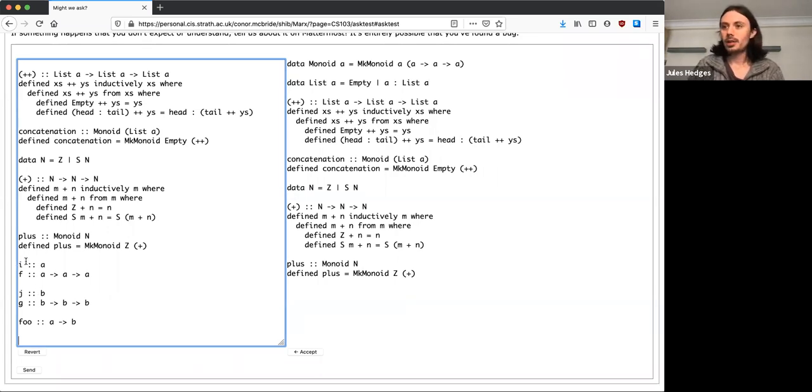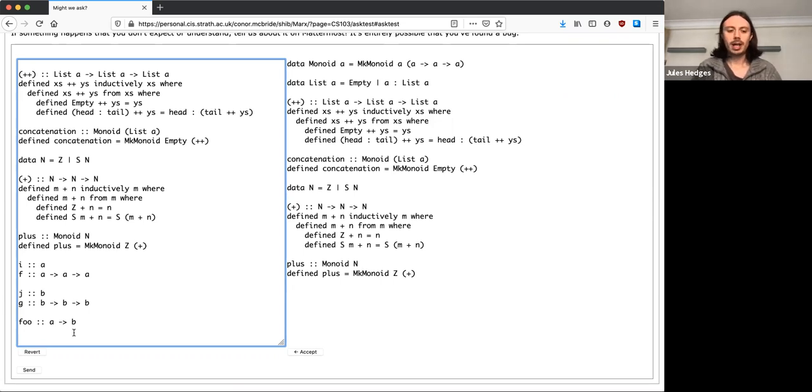Now, remember that a type can have more than one different monoid on it. So for example, the Booleans have and or, among others. So whether a function is compatible or not really depends on which monoid you're talking about, not just on the type signature of foo.